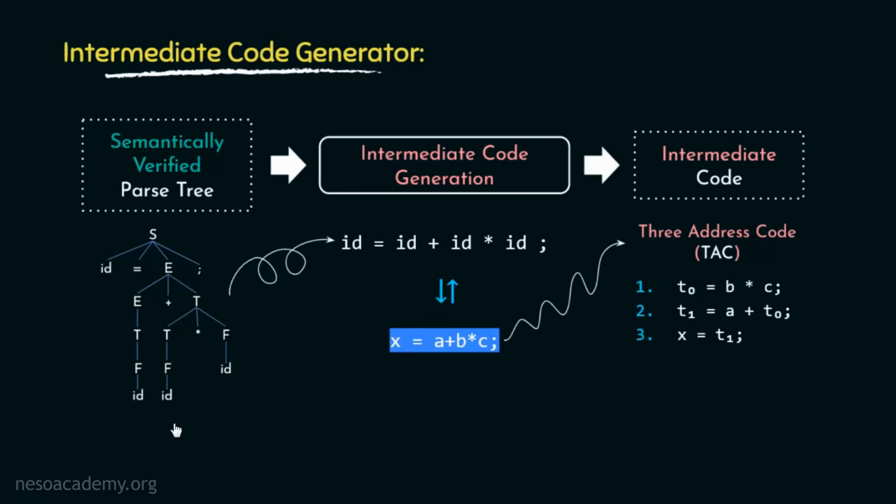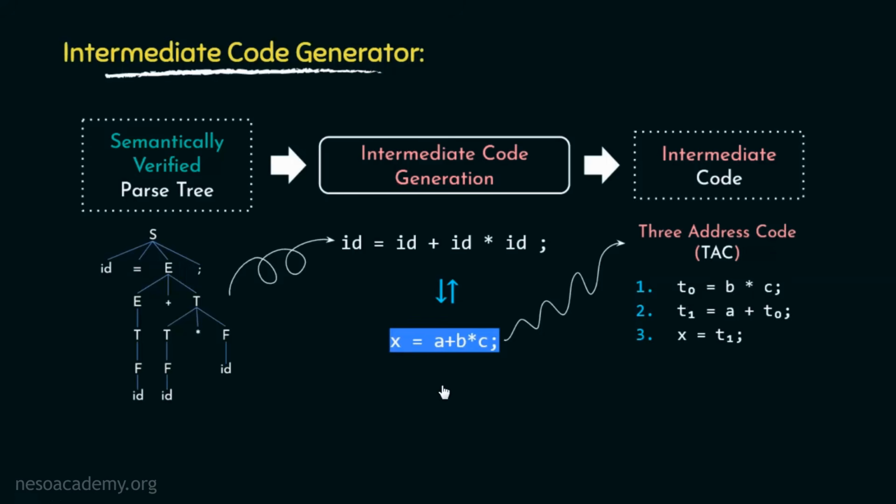Now if you observe this parse tree carefully, the precedence of the operators is visible here if we look at the tree from bottom to upwards. So at the lowest level, the multiplication operator is there, and therefore this would be performed first. For this, the intermediate code generator will create a temporary variable, say T0, and assign the result of B into C to it.